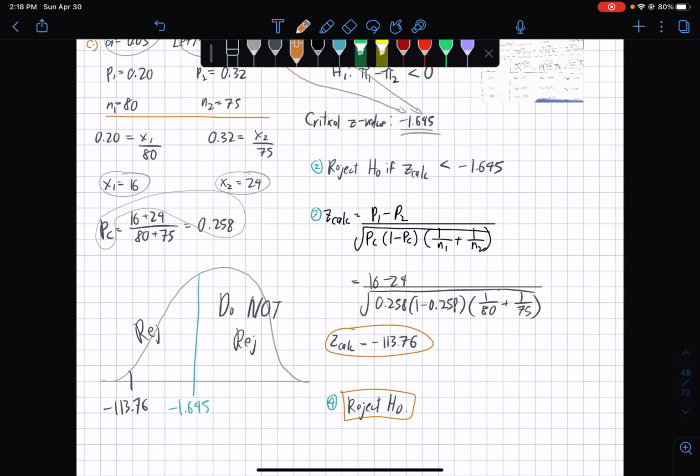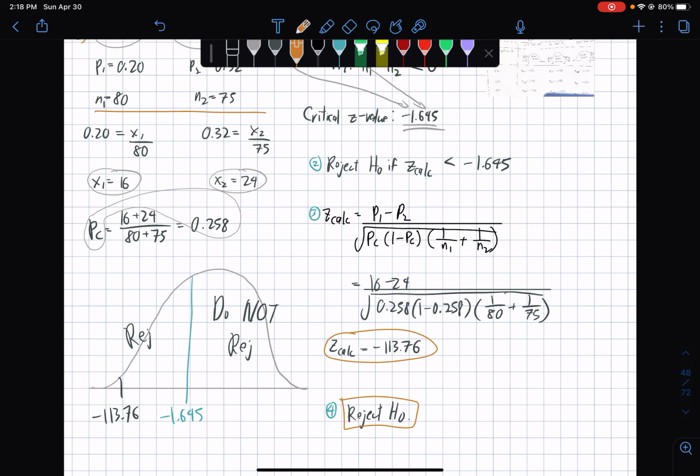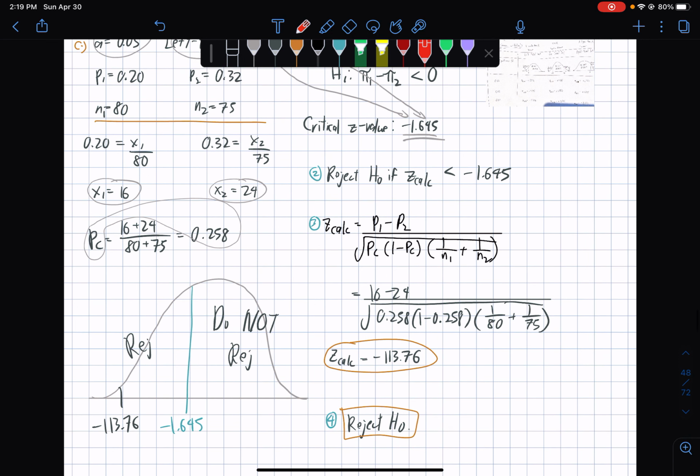No, I got the z calc value wrong. Let's check this. This is correct. This is also correct. But this one isn't. I wonder why.